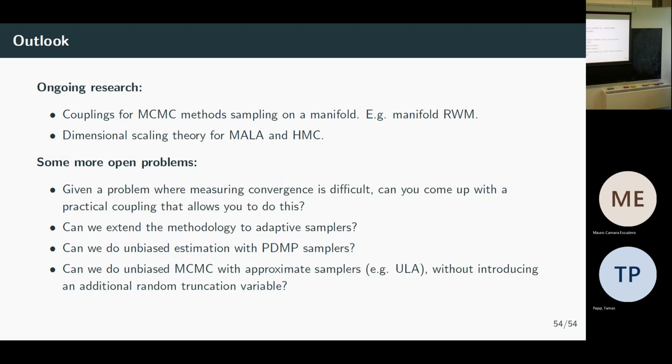You have a second chain that does the same thing and is contracted with respect to the first one, but you can't really make them meet exactly because of the differing step sizes introduced by the lag parameter. You can still get unbiased estimators, and there's some work on this that introduces the truncation variable. So it'd be interesting to see if you can get rid of that and just do biased approximate samples.